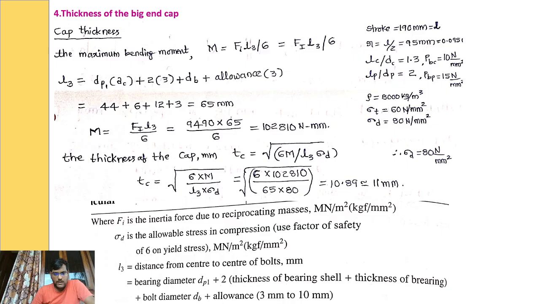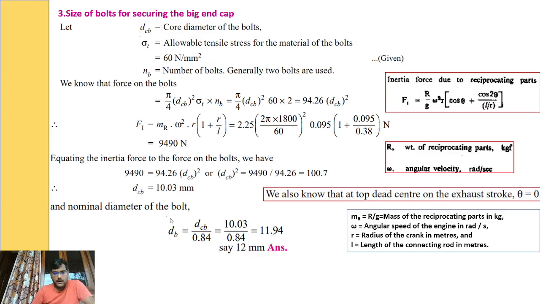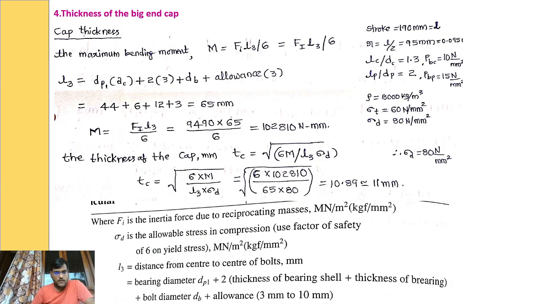And dB means diameter of the bolt, 12 mm. I have taken the same value. So 44 plus 2 into 3, 6, plus bolt diameter 12, plus allowance 3, 65 mm. This is the L3 value.